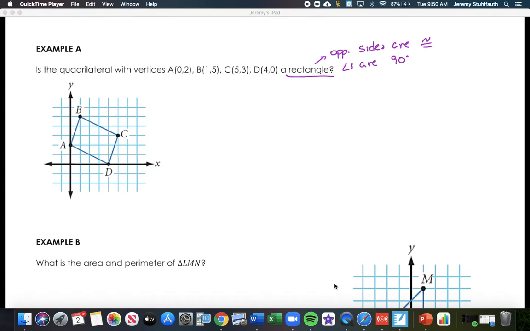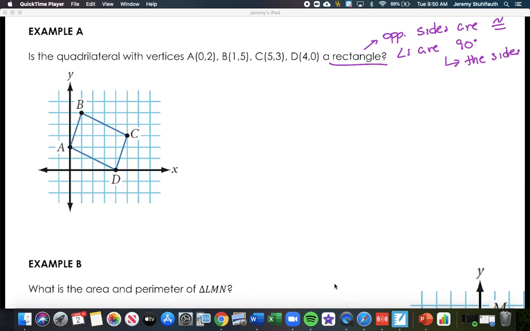And what does that mean? That means that the sides are perpendicular. So we need to check a few things to see if this is a rectangle. First, we need to see if the lengths of our sides are congruent. We need to find the length of AB, BC, CD, and AD.